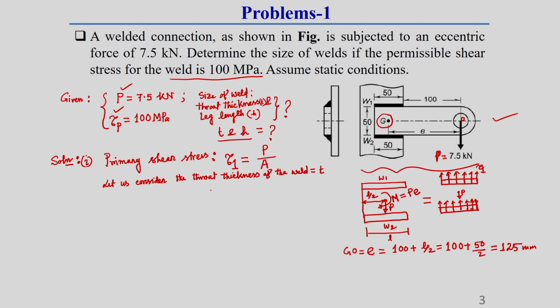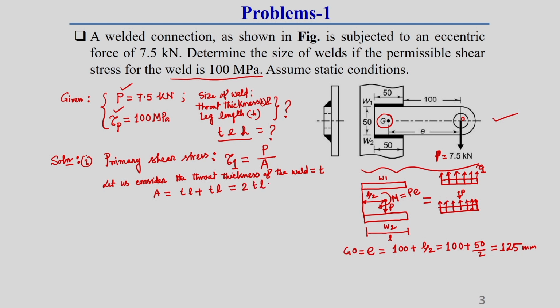So, let us consider this throat thickness of the weld is T. What should be the total area of the weld? Here you can see two symmetric welds are there whose lengths are also equal. So, the total area in the plane of throat thickness will be T into L for two similar symmetric welds, so it will be 2 into T into L.